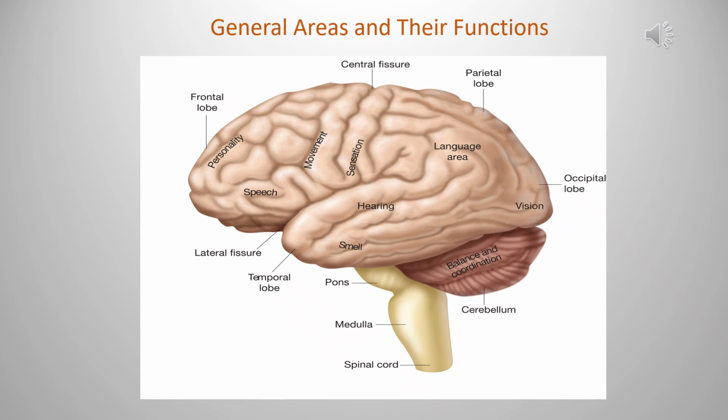There is a parieto-occipital fissure or sulcus, which is not shown in this picture here, but it separates parietal lobe from occipital lobe. The primary function of the occipital lobe is perception of vision and the visual association area where we make sense out of what we have seen. Over on the temporal lobe there, we have three major gyri, three big noodles, a superior temporal gyrus, which is the auditory cortex, sense of hearing.